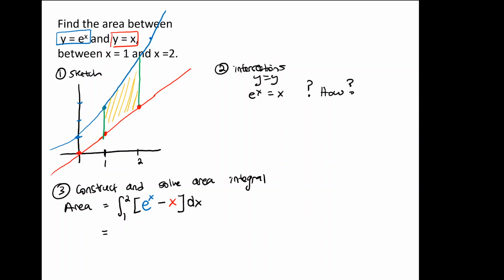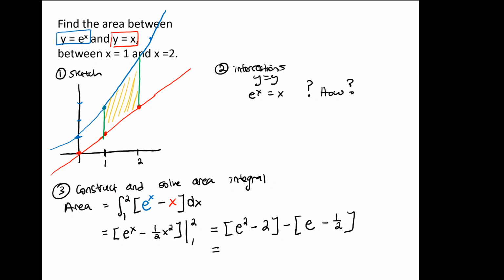Okay, antiderivative of e to the x is e to the x. Antiderivative of x is 1/2 x squared using the anti-power rule. And we're evaluating this from 1 to 2. Now plug in the top bound, e squared minus 1/2 of 2 squared, so 1/2 of 4, which is 2, minus, plug in the bottom bound, e minus 1/2.